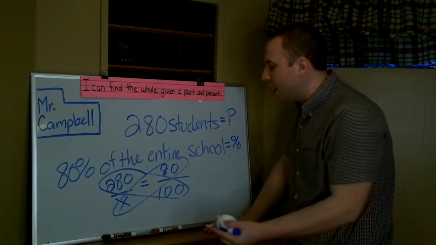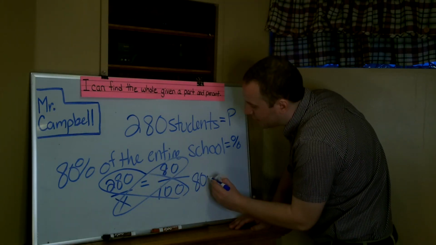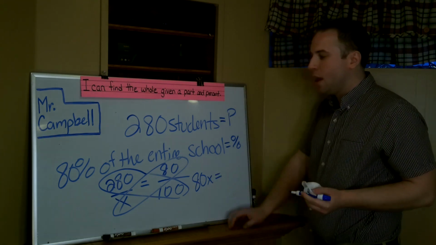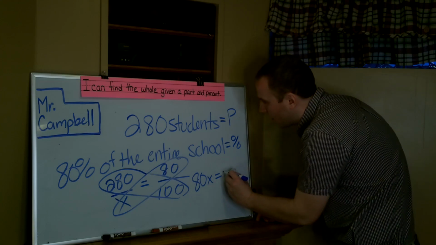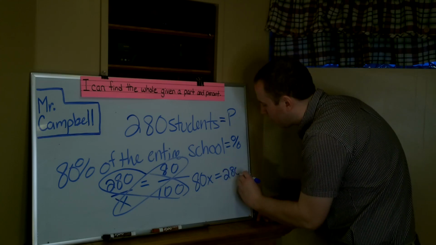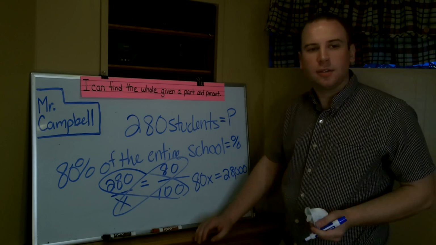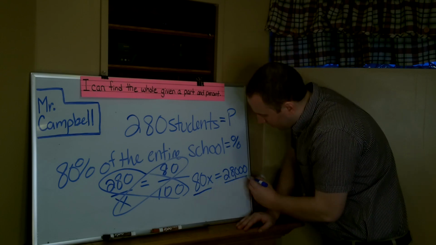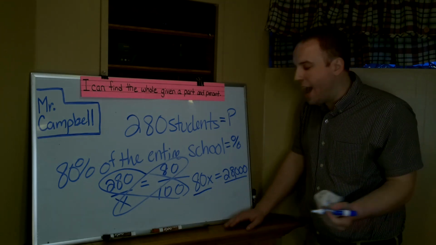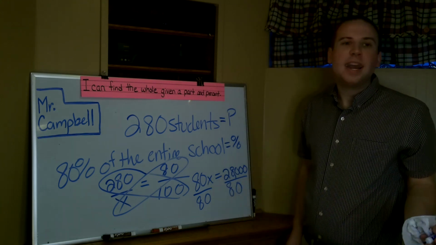In cross multiplication, we're going to multiply 80 by x, which will give us 80x. 280 times 100 gives me 28,000. Now we have a one-step problem. In order to solve for x, we're going to divide both sides by 80.